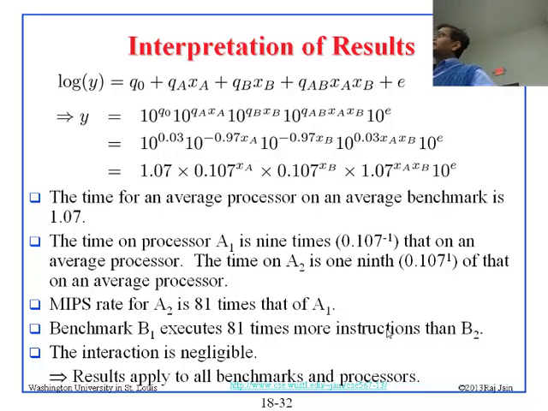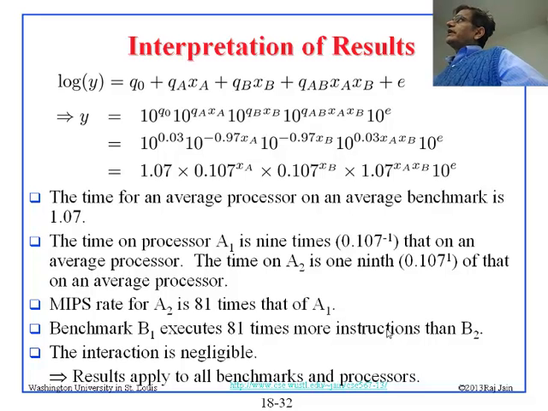So, how do we interpret these results? So, these results basically say that the model is log y is a linear function of these things, and therefore y is 10 raised to q naught plus 10 raised to qa xa and so on and so forth.